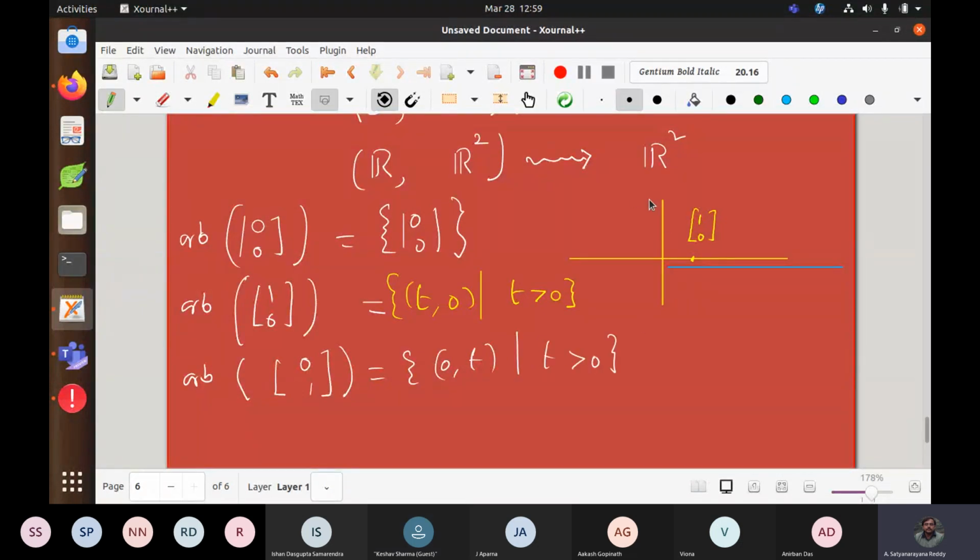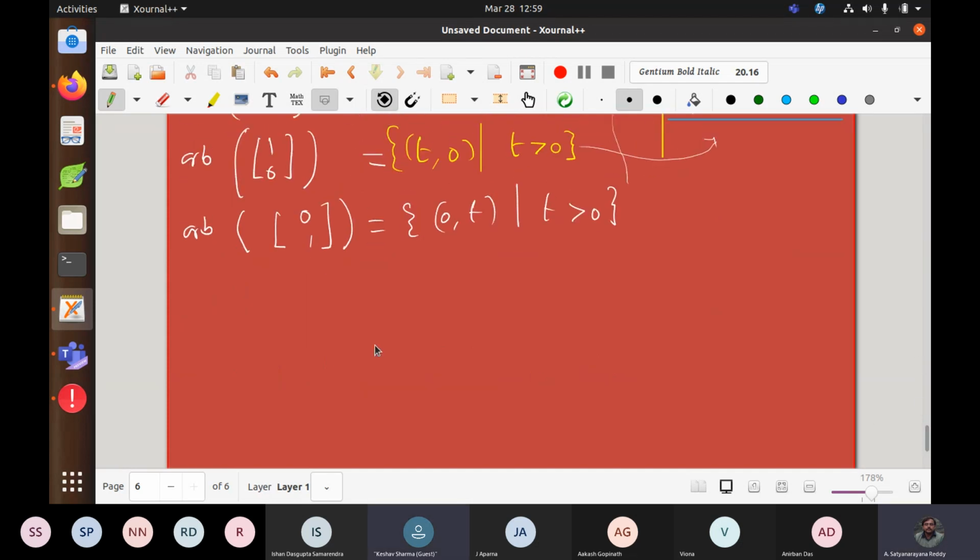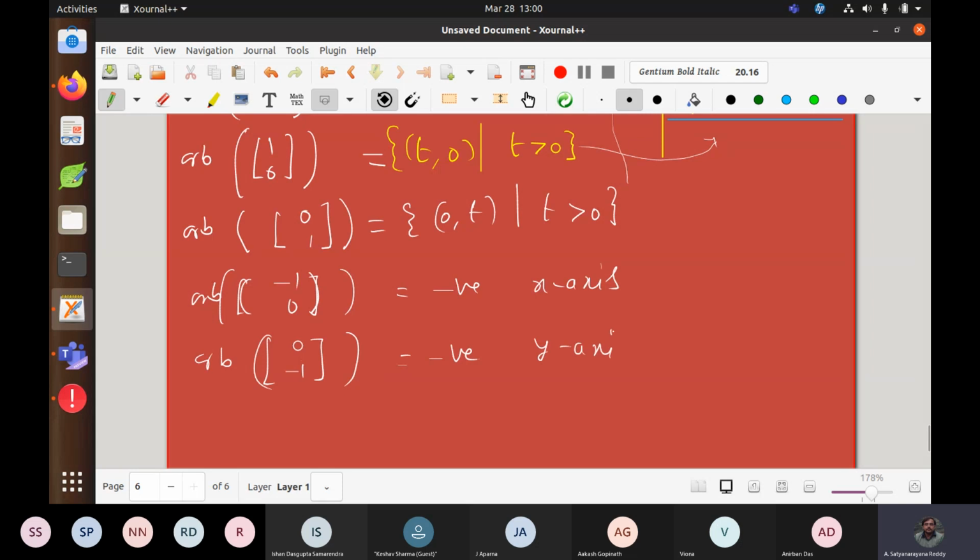And we can take negatives to cover the rest: orbit of minus 1 comma 0 is going to be the negative x-axis, and orbit of 0 comma minus 1 will be the negative y-axis. So I covered the axes including 0.